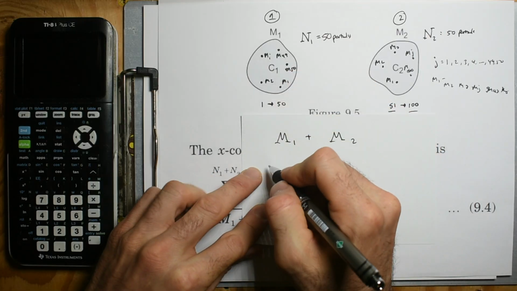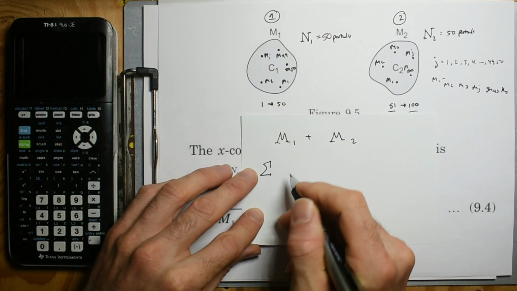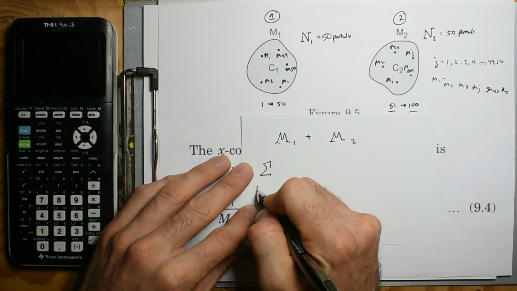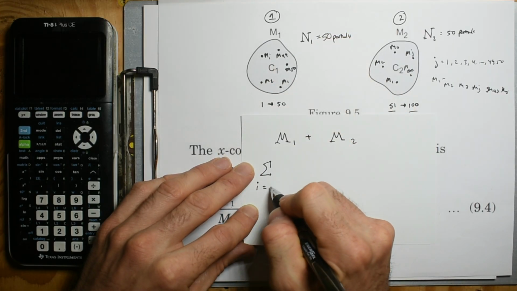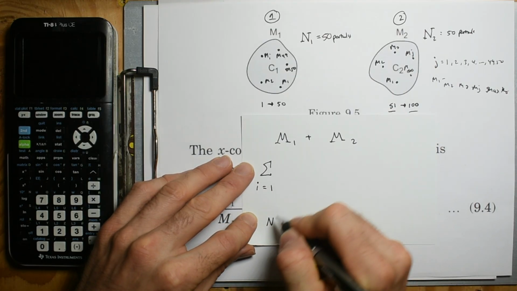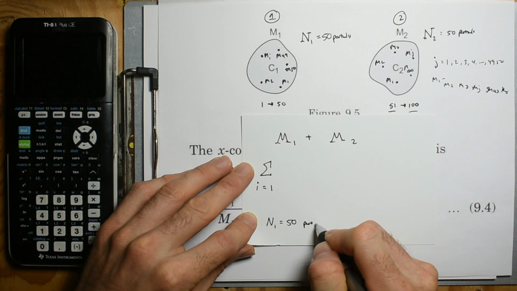And so we're going to sum all the individual masses. So we're going to have a summation of, and this is going to be mass 1 through 50. So I is equal to 1. And then for this one, our N1 is going to be, there's 50 particles there.